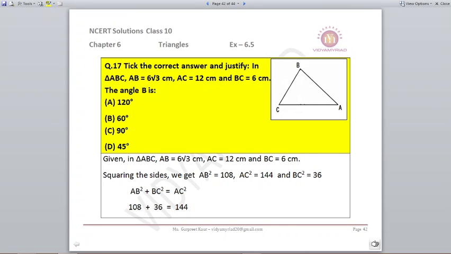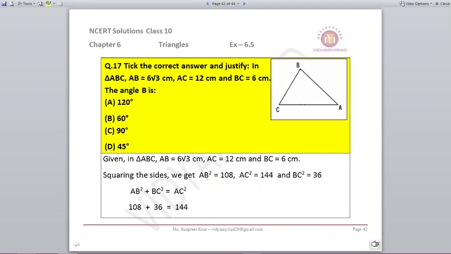Question number 17. Take the correct answer and justify. In triangle ABC, AB is equal to 6 root 3, AC is equal to 12 and BC is equal to 6. We have to find out angle B. So the simple way is just to square all the sides. So AB square comes out to 108, AC square comes out to be 144 and BC square comes out to be 36.